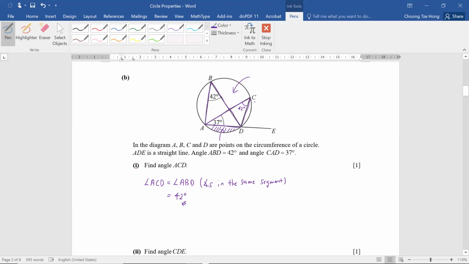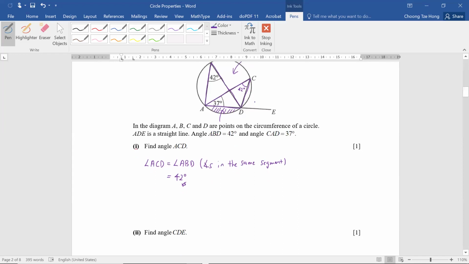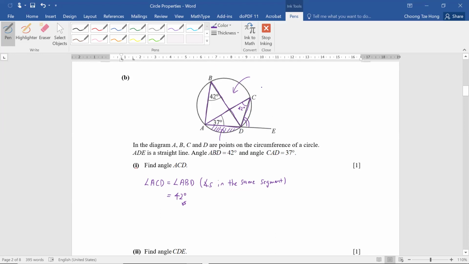The next one would be to find angle CDE. This one is also a 1-mark question, which means that the working can't be that long. The angle that we want to find is over here, this CDE. CDE, as you can see, is an angle that is outside a triangle, basically triangle ACD. So we should be thinking about the property: exterior angle of triangle equals sum of interior opposite angles.